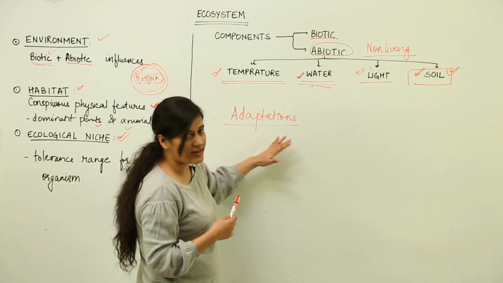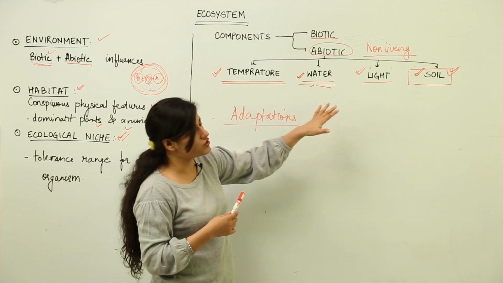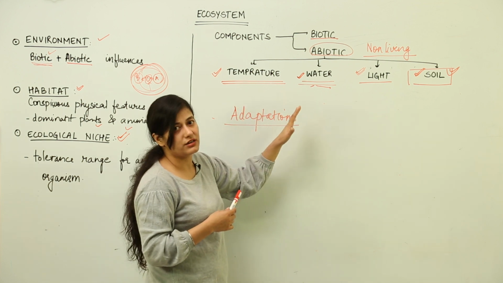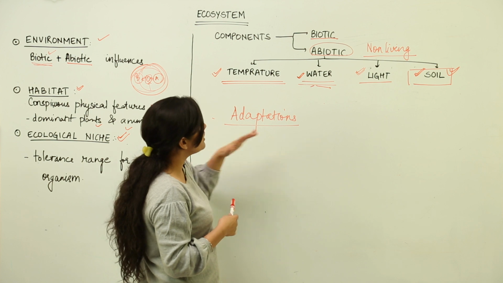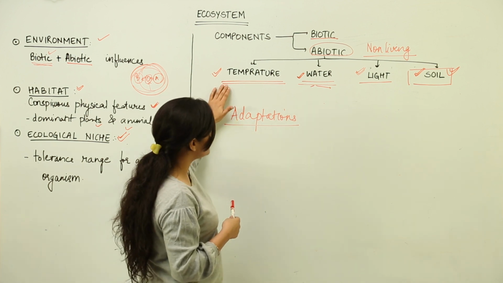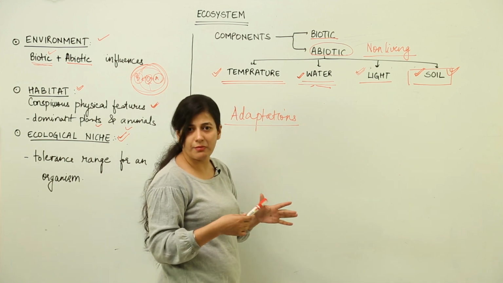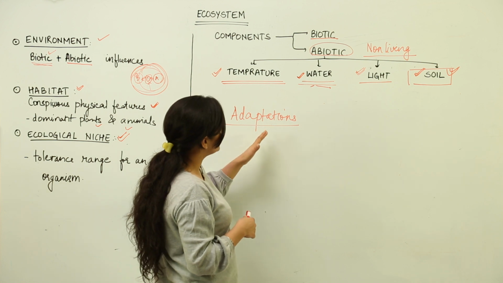So for that we have adaptations, and when we talk about adaptations, we need to understand how variable each of these abiotic factors can get in the environment. If I am talking about temperature, right now we discussed that there would be a tropic temperature, a temperate temperature, and an arctic temperature.